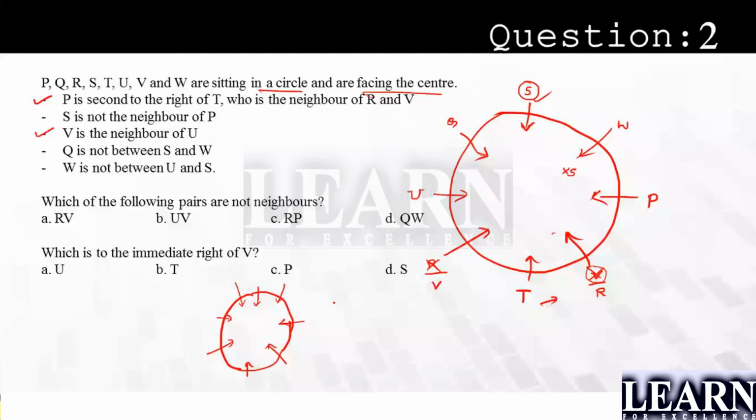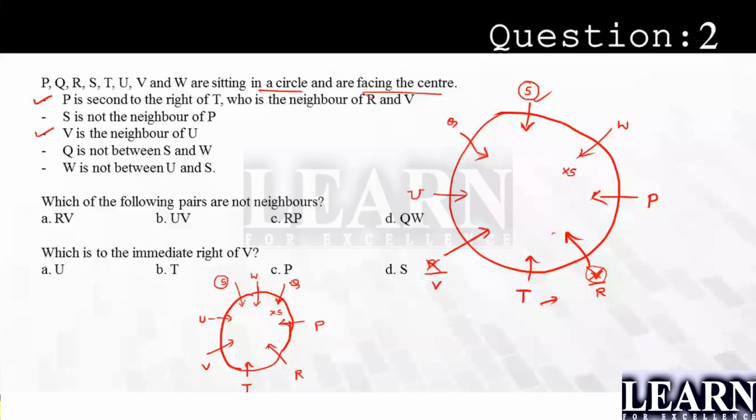Initially U, V, T, R, and P were fixed. Now, this was the first assumption, and here is the second one. Here we don't have S. Q is not between S and W. If I take this as W, this will be Q, which puts Q in between S and W. That is not possible. So I have to take W over here and Q over here.